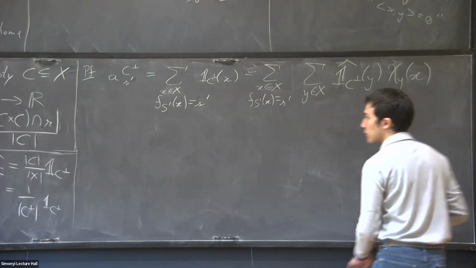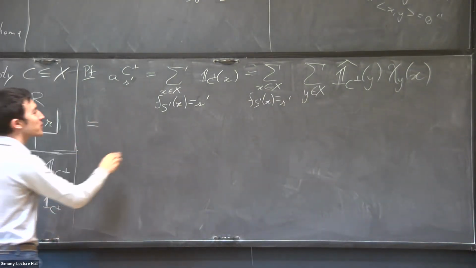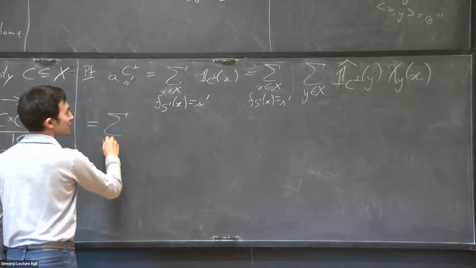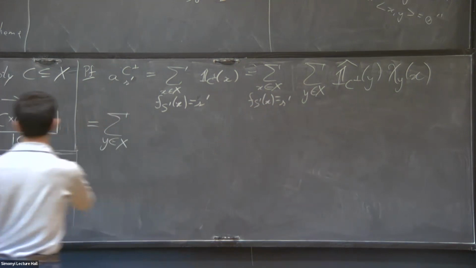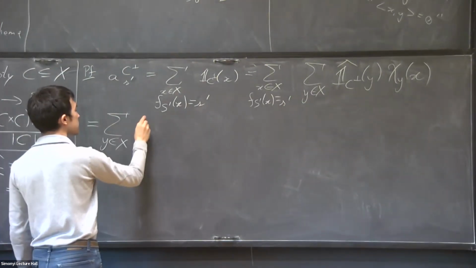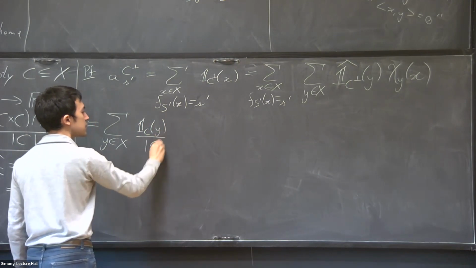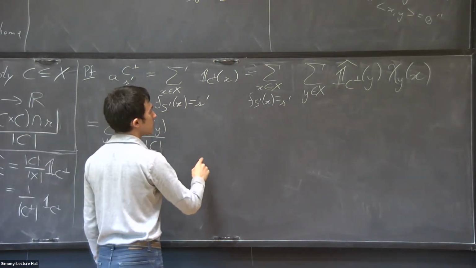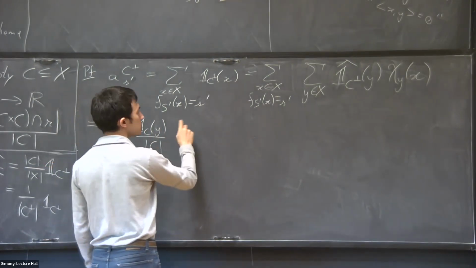Then again, we apply the previous hint. You see two sums, just swap them, don't think about it. I'm also going to apply this thing here. So we're just going to get 1 over C, y over C. I don't know where the X went. Oh, there's no X. Okay, good.